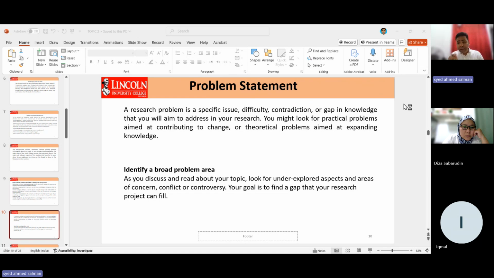Or you find a lot of articles, and there is a contradiction between two groups. Some people say there is an effect on academic performance, some people say there is no lack of academic performance, meaning there are two groups with a contradiction, right? So you understand the issue, the contradiction, and the gap, right? Anything you did not understand?